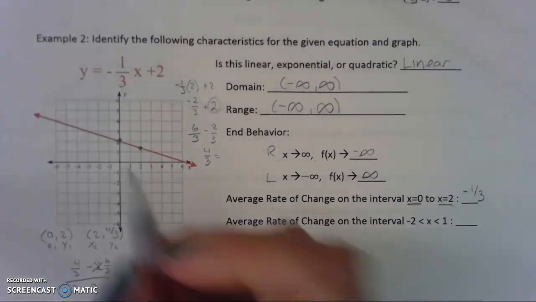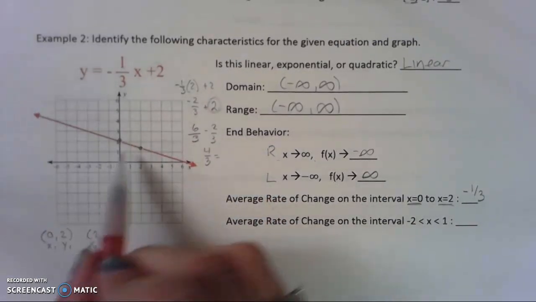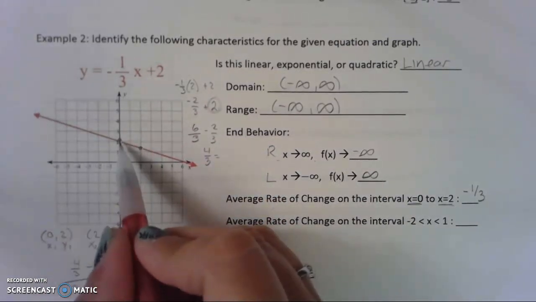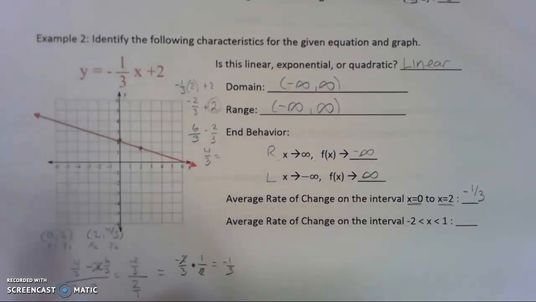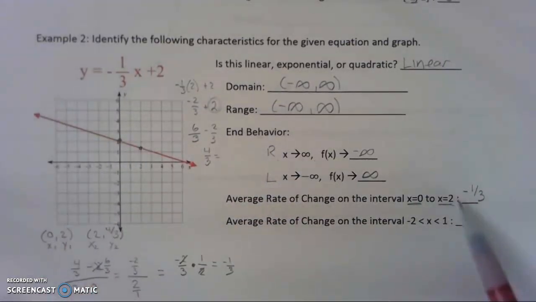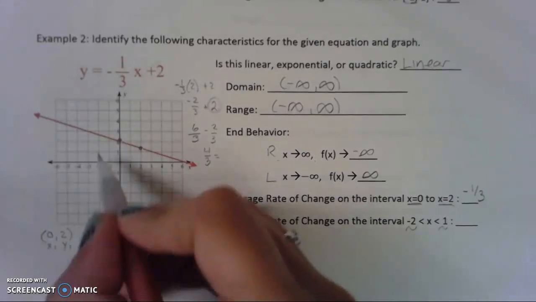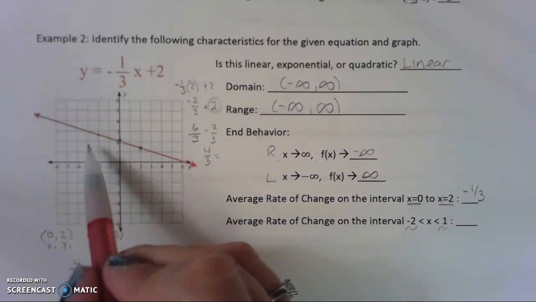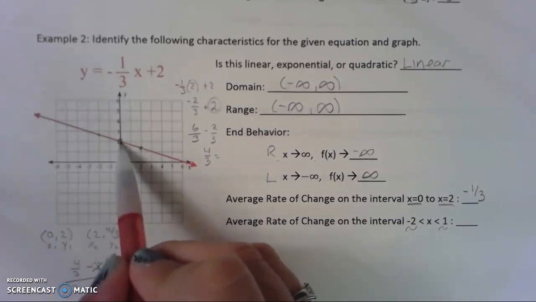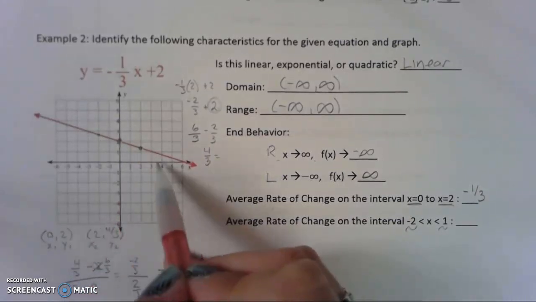Okay, so that just means that we're actually going down 1/3 over 1, down 1/3 over 1. So that's going to give us our reduced final answer. That one was kind of hard to see. Let's see if negative 2 to 1 is a little bit easier. So negative 2, it's not going to be easier. It would have been easier if we would have had like a negative 3 to a 0 or a 0 to a positive 3.